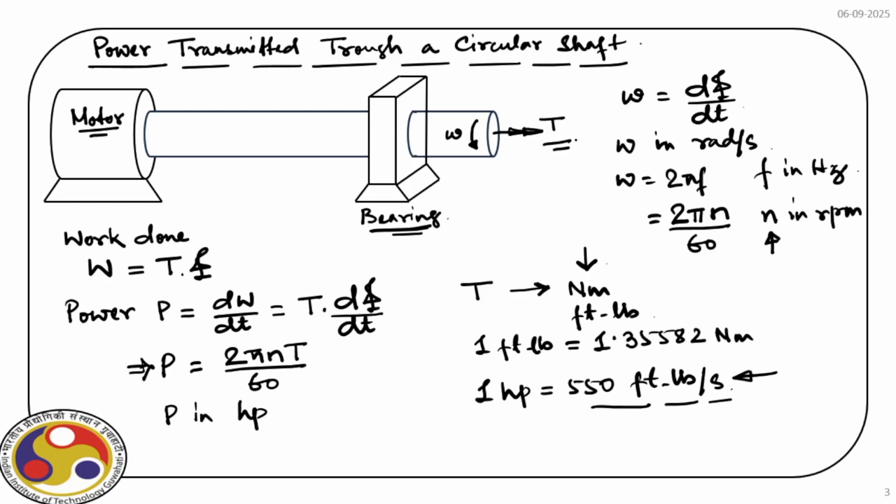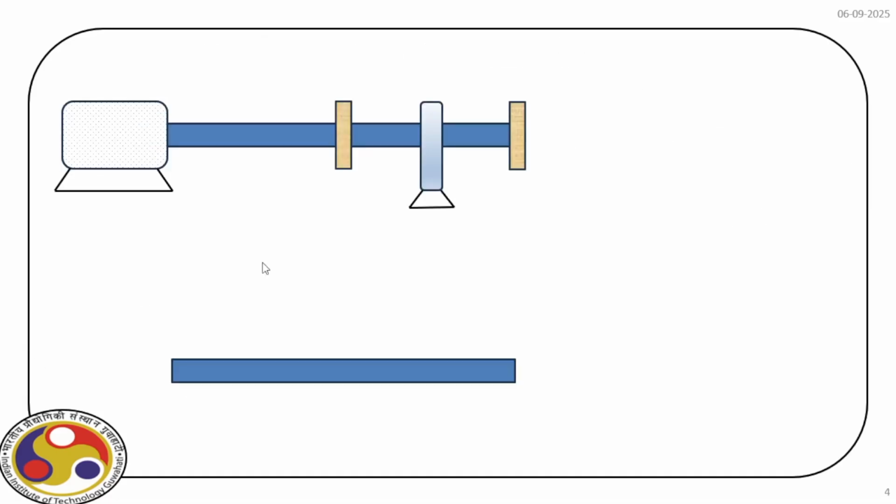Okay, so let us first consider an example. So this is the example where we have a motor, as you can see here. So the motor transmits 100 kilowatt power to the shaft, right?